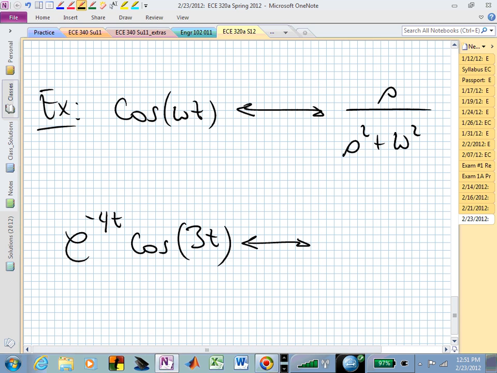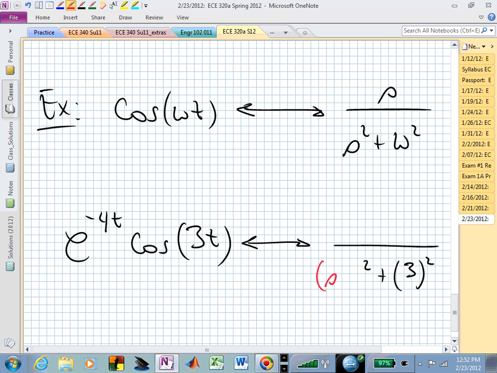What's downstairs? When you have a cosine or a sine, you look at its frequency, and now you say, oh, downstairs I have s squared plus 3 squared. But what did we just learn? We need to replace the s with s plus a.